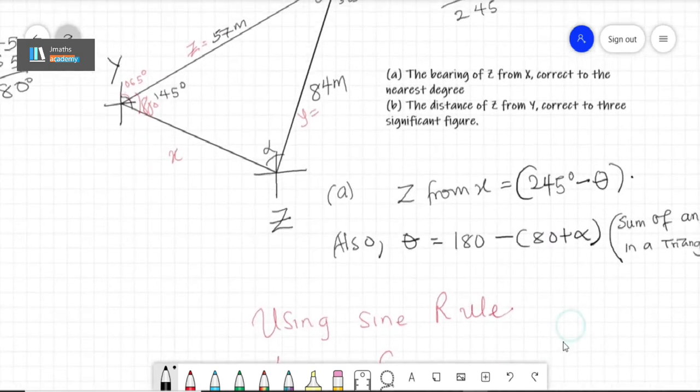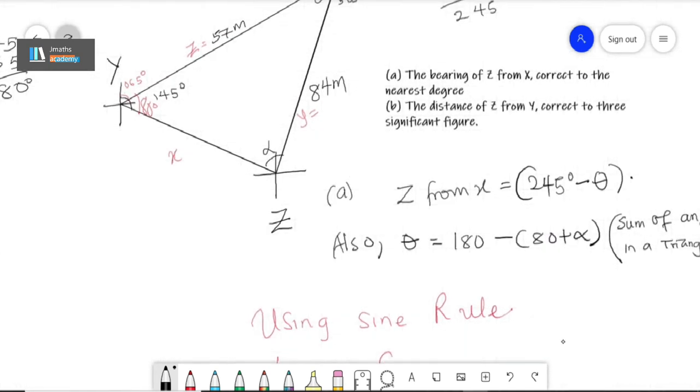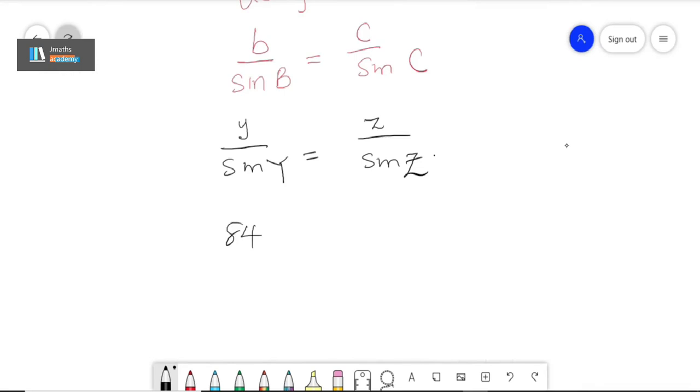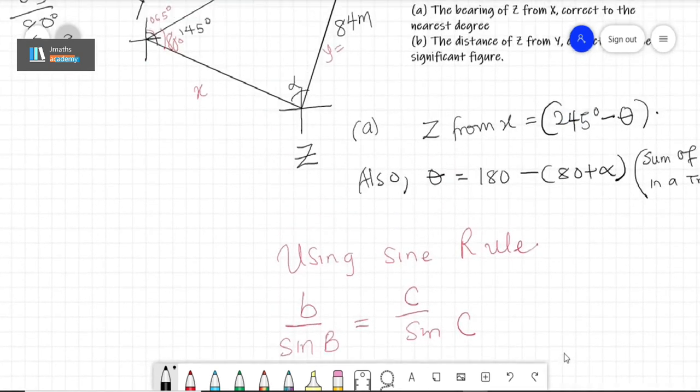Let's look at the question. Our y here is 84 meters, our z here is 57 meters. So we have y, 84 meters over sine y, is equal to 57 meters over sine z. So let's check for the angle of y.